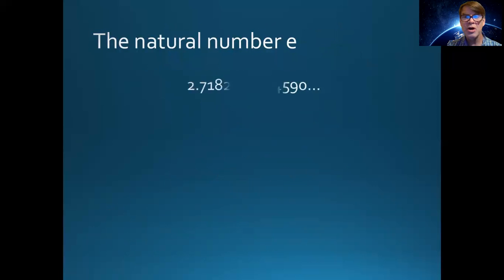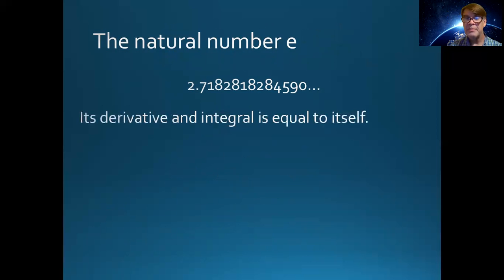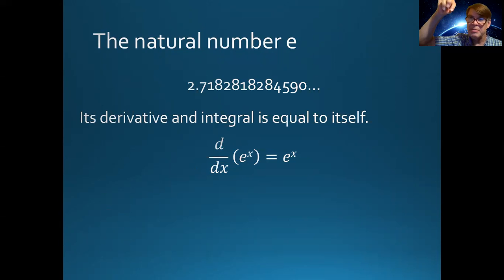What about the natural number e, 2.718281828, and so on? Its derivative and its integral are equal to itself. The derivative of e to the x is e to the x. By the way, if the exponent is something other than x, like x squared plus 1 or whatever, you also have to multiply by the derivative of that exponent.